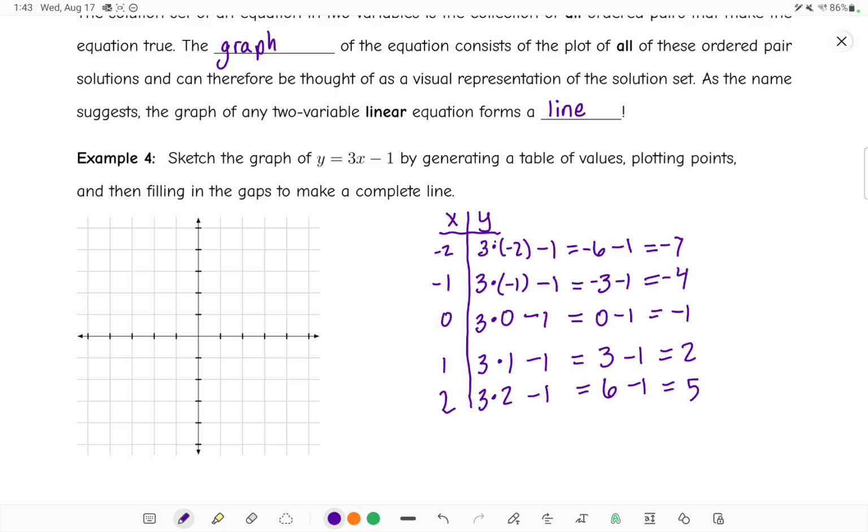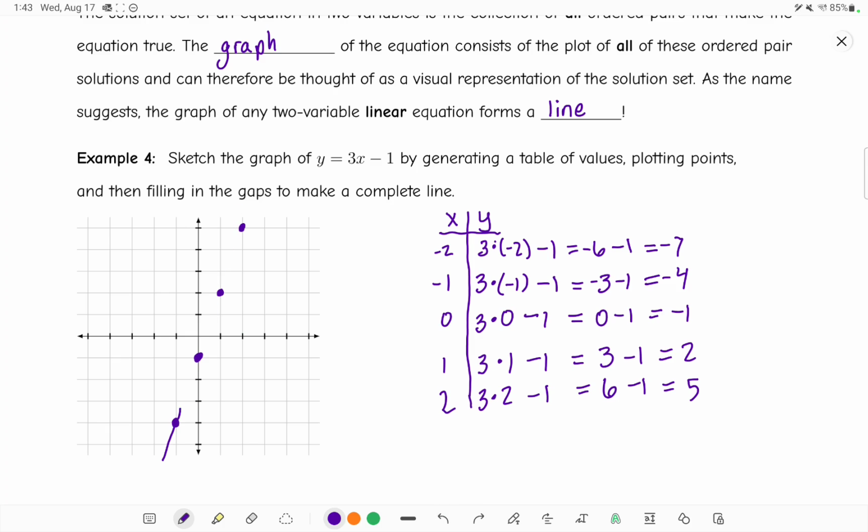And now let's plot these points. -2, -7. So go to the left 2, down 7. Well, that one's off my graph, so I'm going to skip that one for now. -1, -4, so over 1, down 4. 0, -1, so don't go left or right, but then go down 1. 1, 2, go to the right 1, up 2, and then 2, 5.